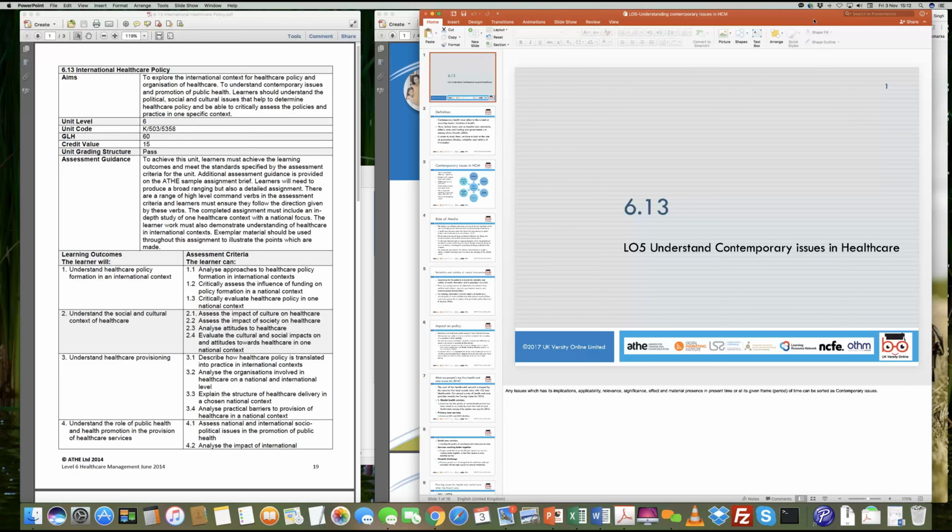Then, towards the further learning outcomes that we studied, we talked about understanding how a healthcare policy can be translated into an action plan. How is the policy actually implemented?